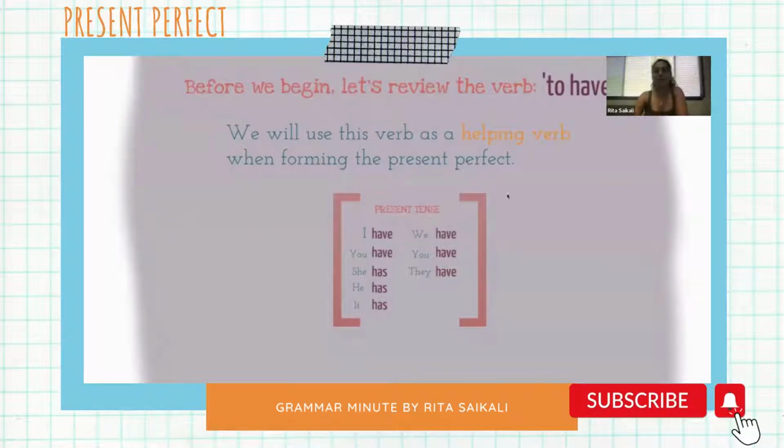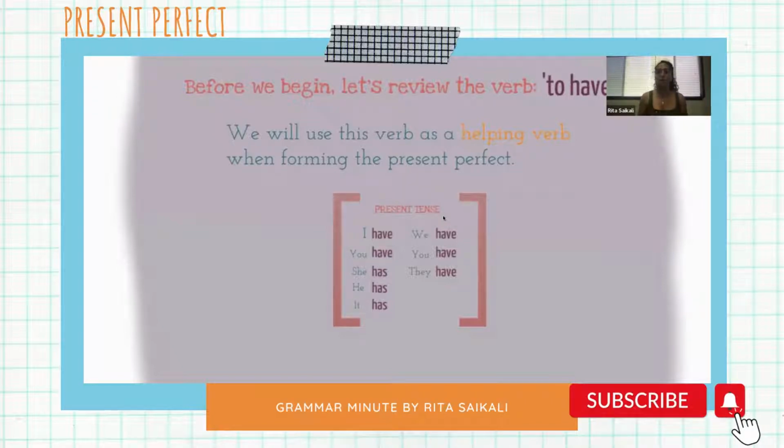So this is again how you conjugate the verb to have in the present. I have, you have, she has, he has, it has, we have, you have, and they have. This is something that you have to know. This is why it is in the present.